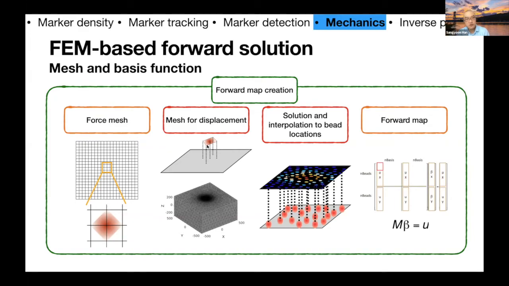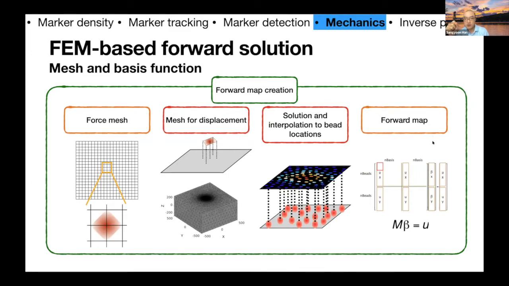And then we solve this displacement field in the space domain. So we have to have the mesh. We have a finer mesh in the center so that we have better resolution. But after getting the solution, we try to interpolate to the bead locations, which are not necessarily at the same places as the mesh's nodes. So we interpolate them into the bead locations so that we can create something called the forward map.